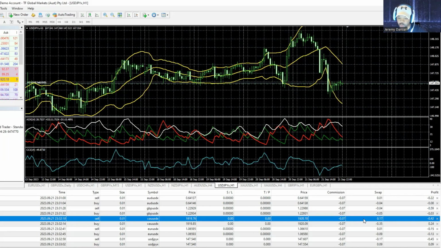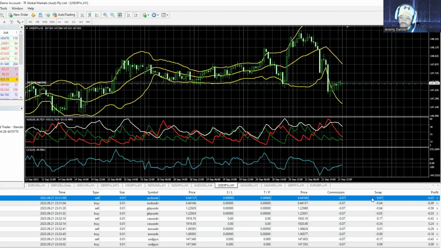So far, we want to sell gold. We want to sell the Australian US dollar, but just keep in mind, because this is so close together, this is an indication that it's not going to be that profitable. So if I see something like this and I am able to make 20, 30 pips, I'm probably just going to go ahead and take that and be happy with that.